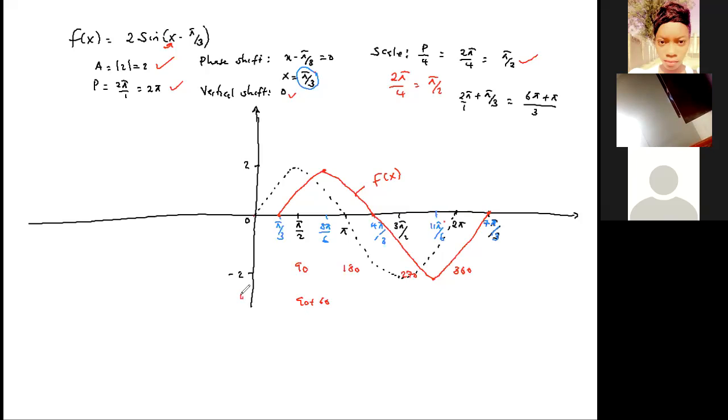First 0 plus 60, then 90 plus 60, 180 plus 60, 270 plus 60, 360 plus 60. Then I convert them to radians because my interval must have been given in radians. If it was given in degrees, I'm just putting these numbers, 90 plus 60, just like that. That's how we do the shift.